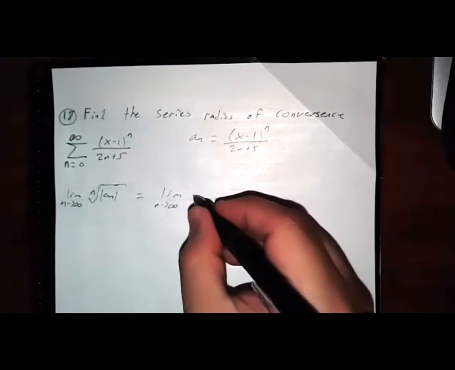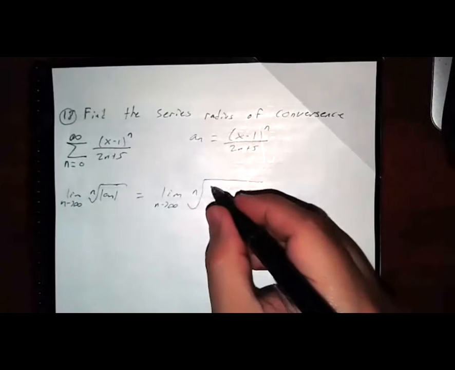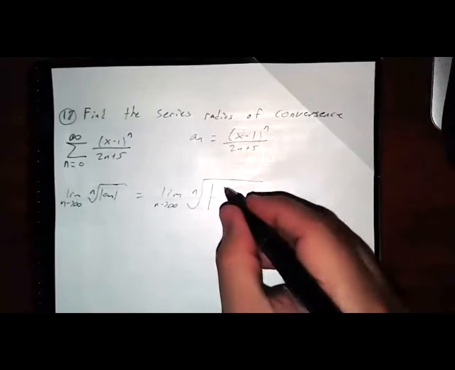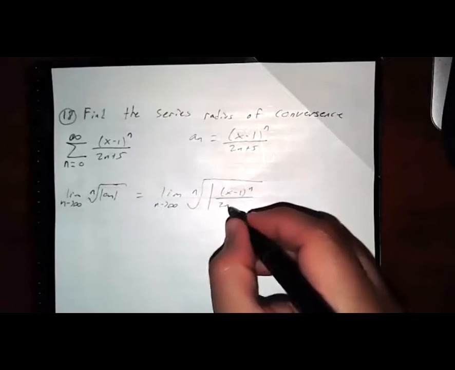So the limit of the nth root of the absolute value of a sub n is equal to the limit as n approaches infinity of the nth root of the absolute value of x minus 1 to the n over 2n plus 5.